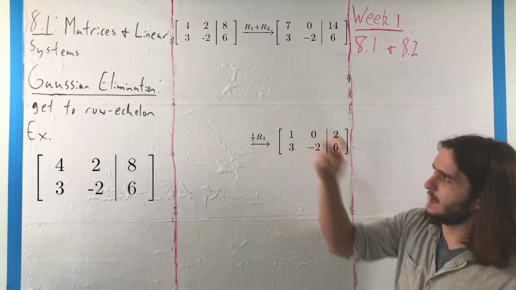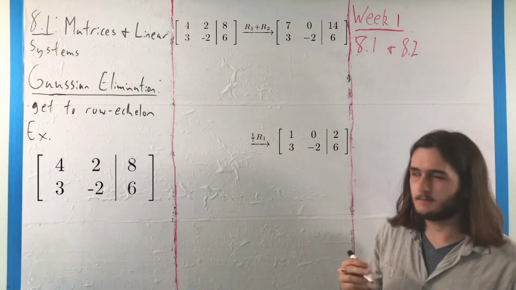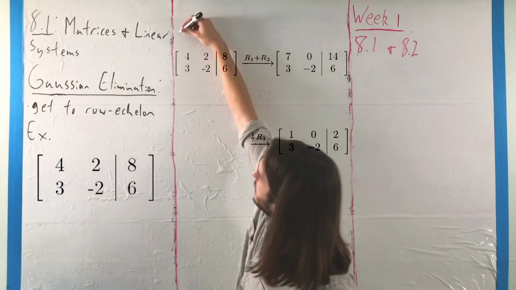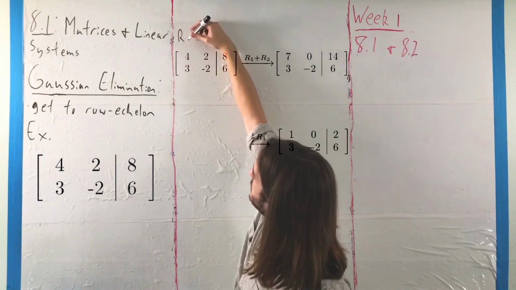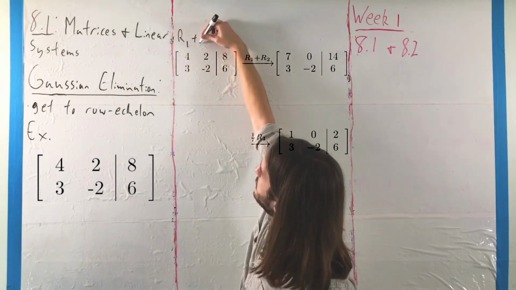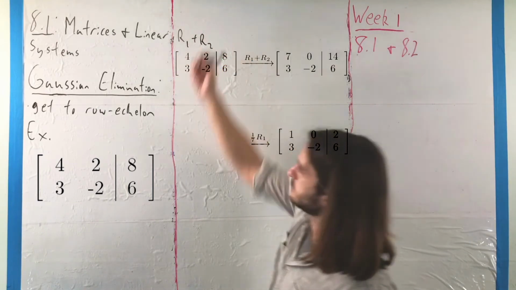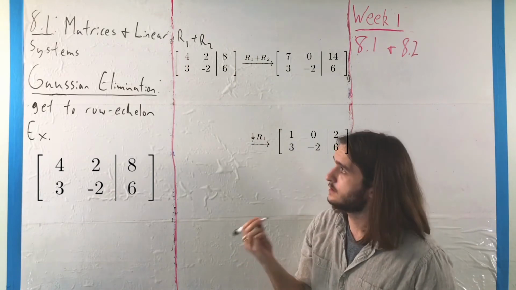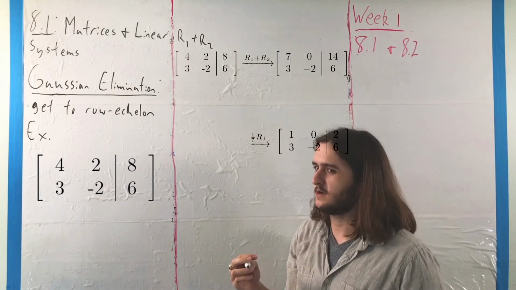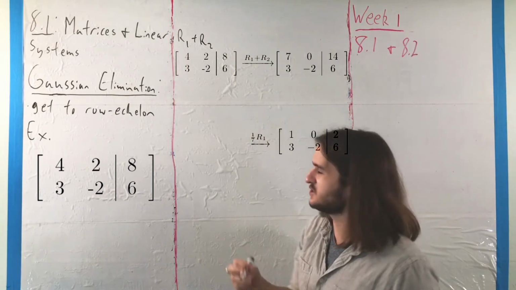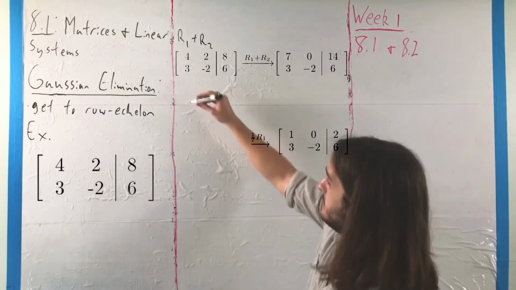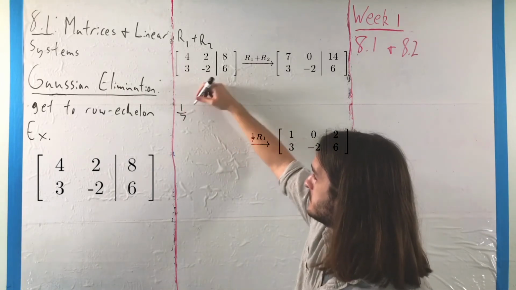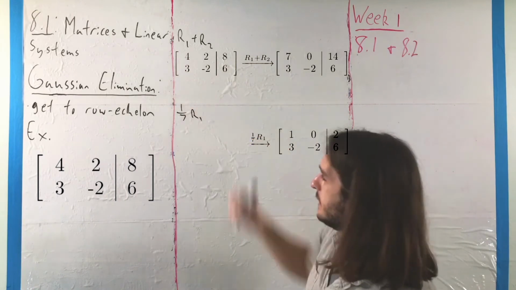And actually, let me add just a tiny bit up here so I can make the picture a little bit cleaner. So in that first step, what we do is we take row 1 plus row 2, a basic combination operation. And then in the second step, we use the constant multiplication operation.